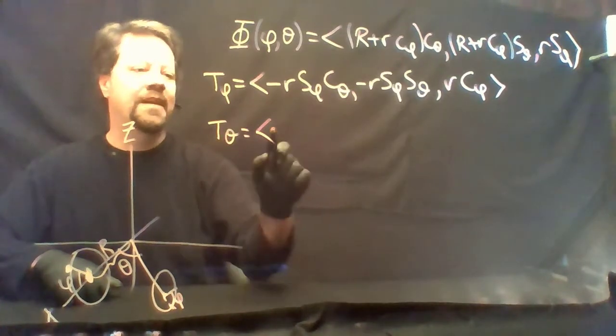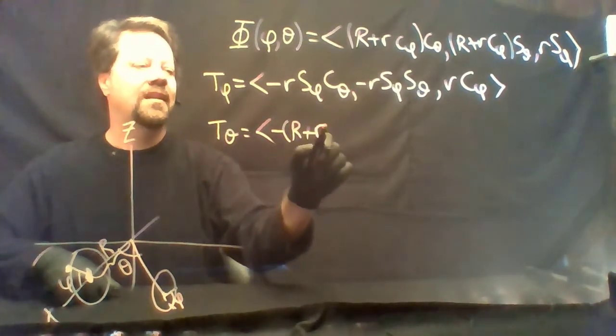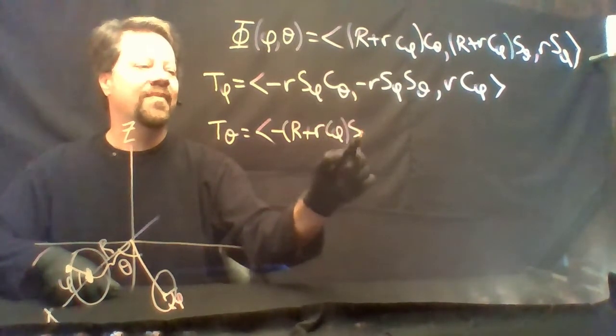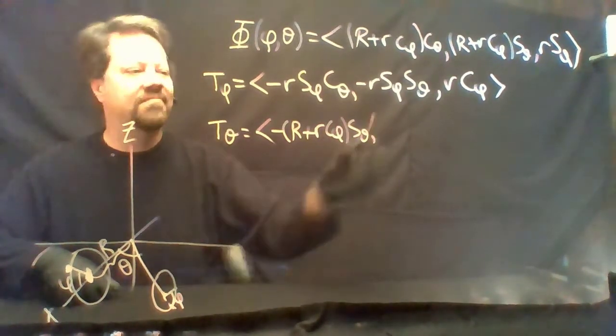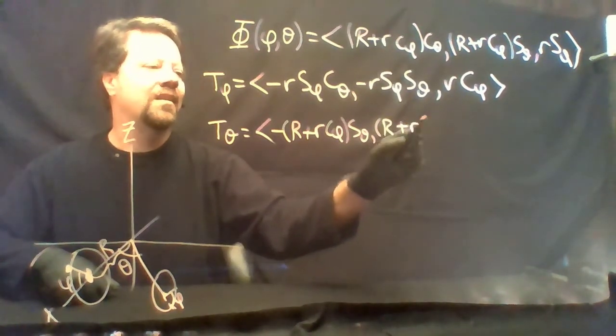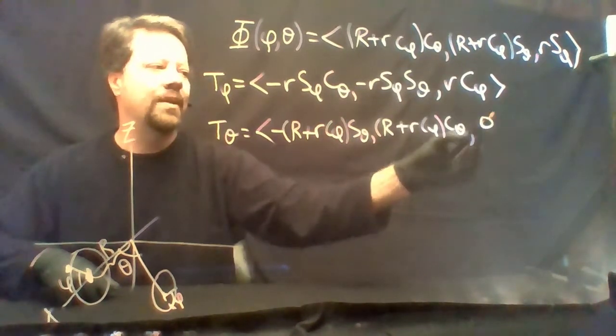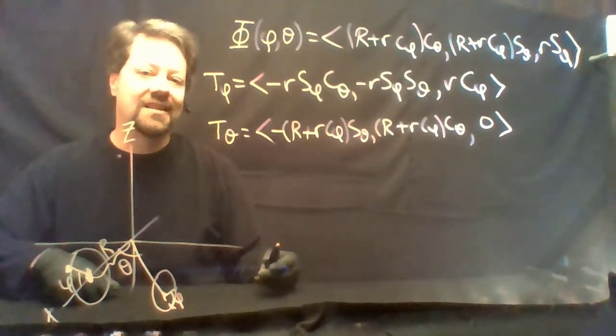T theta will be minus the quantity big R plus little r cosine phi sine theta, and then big R plus little r cosine phi cosine theta, and of course the last coordinate is 0 because it doesn't contain any thetas.